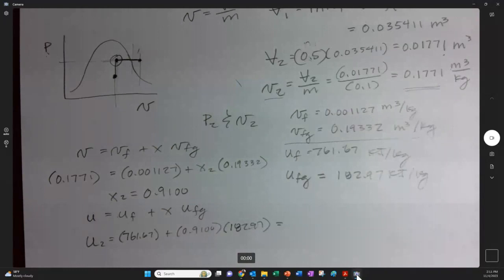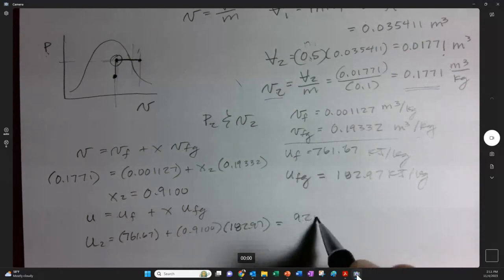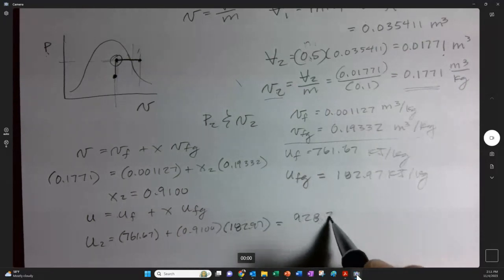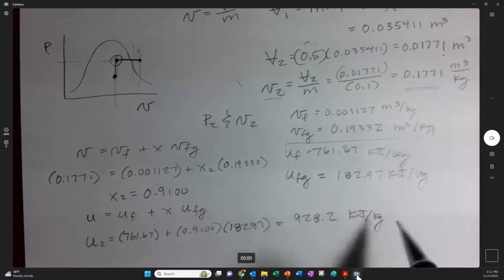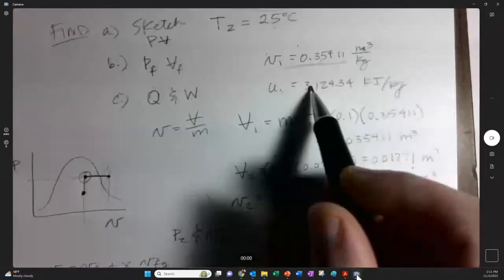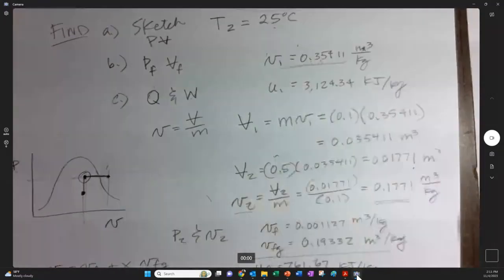So this is 928.2 kilojoules per kilogram. Notably, before that we started out with 3,124.